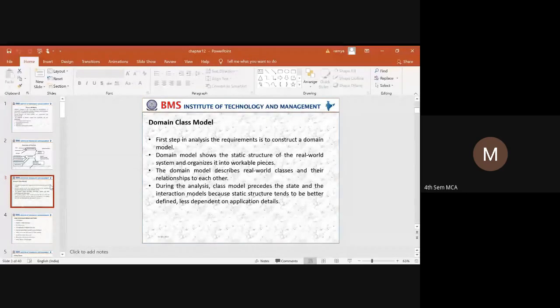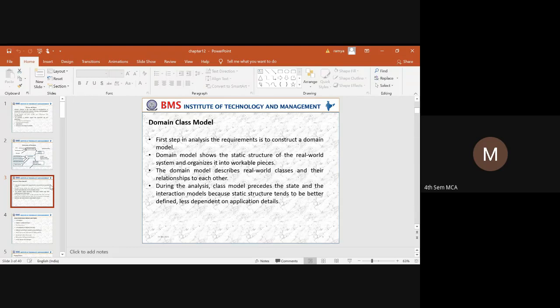Once the requirements are gathered, we need to design a static structure. As you know, the class model is a static structure, or you call it a static model. That static structure will be developed based on real world experiences, and later it can be brought as a working model or workable pieces.